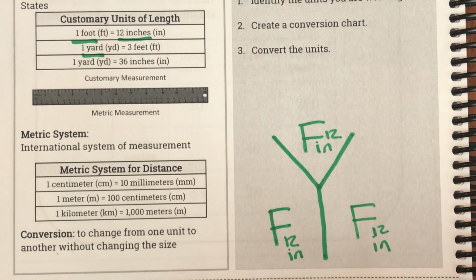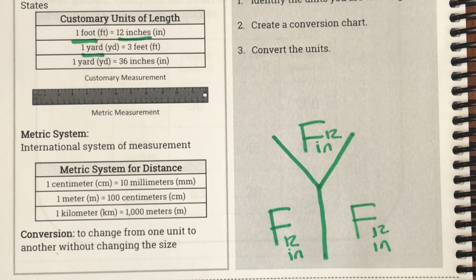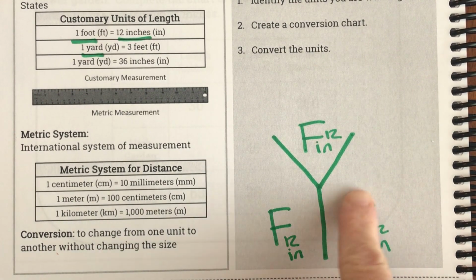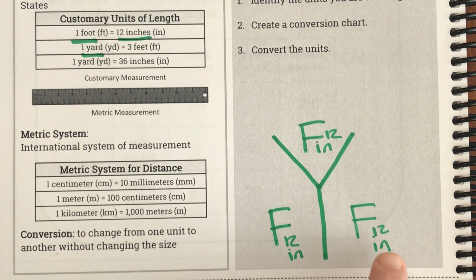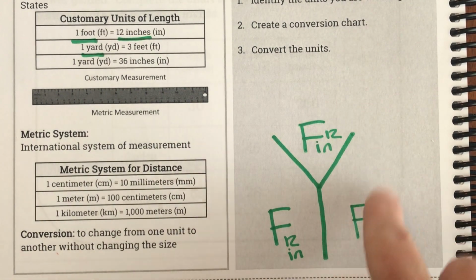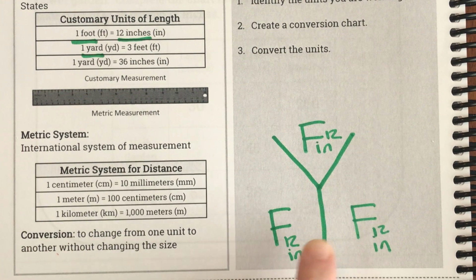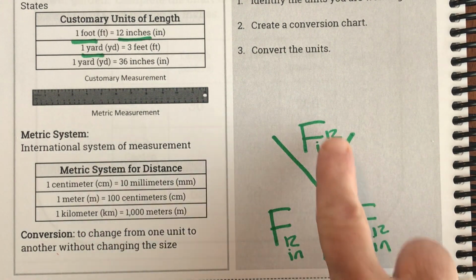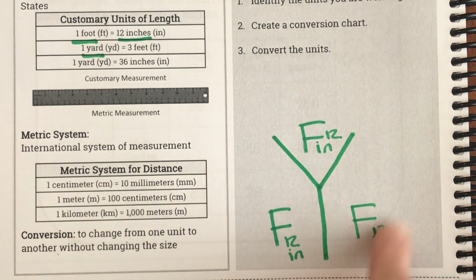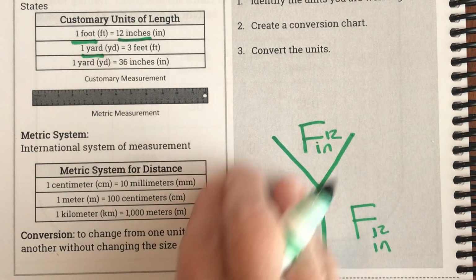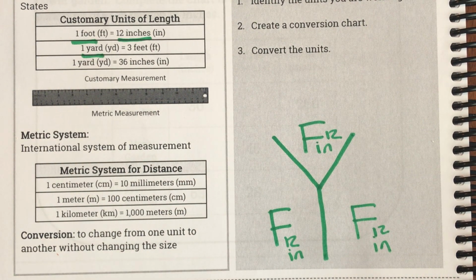So if I remember this picture, I can really use this a lot. I can say there's 12 inches in 1 foot. I can say there's 3 feet in 1 yard. Or I can say there's 12, 24, 36 inches in 1 yard. So I can use this picture to help me see how all those measurements are related.